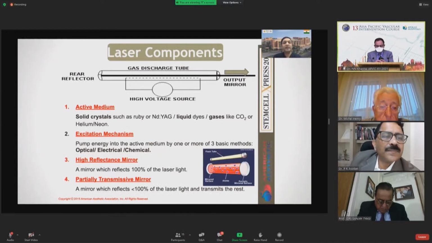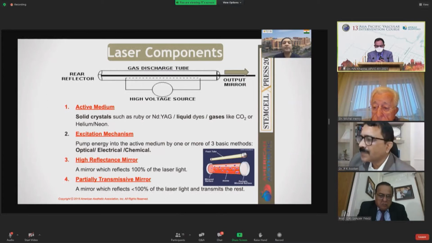Now, to excite these atoms, we need an excitation mechanism. There are three different ways you can activate the atoms, either by optical or by electrical or by chemical energies. So once these atoms release this energy, it gets bounced by a highly reflective mirror, which reflects 100% of the laser light.